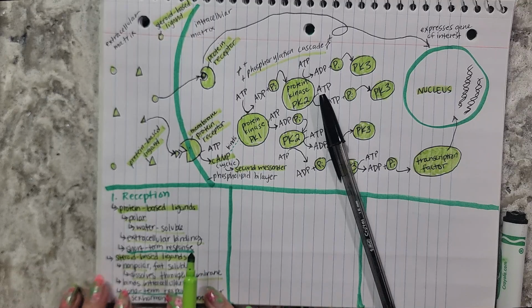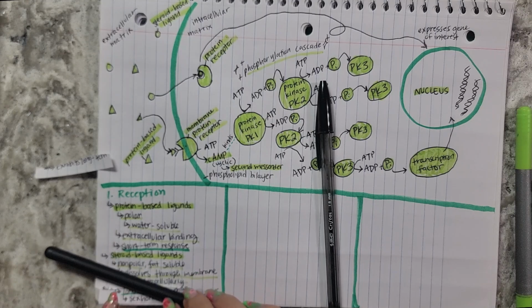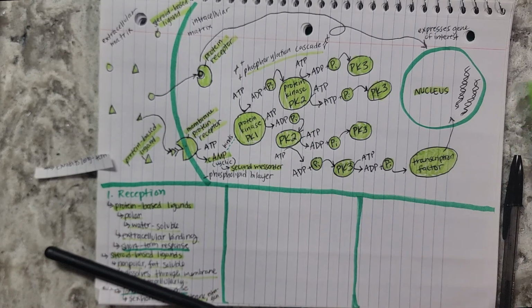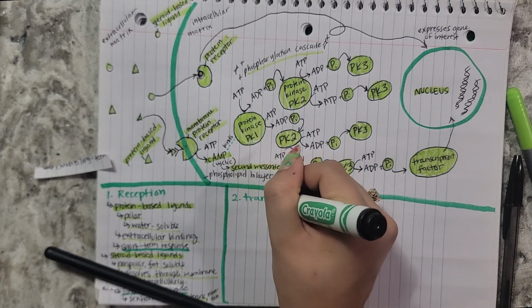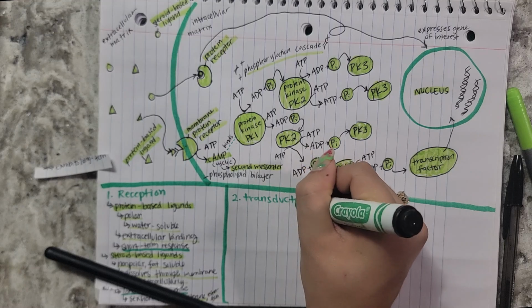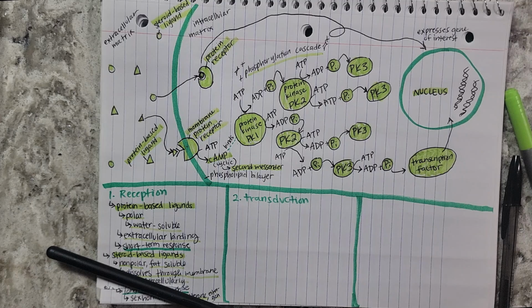Okay, so what is our next step? If our first step was reception, the next one is continuing the signal. It's going to be transduction. Because this is our signal transduction pathway.